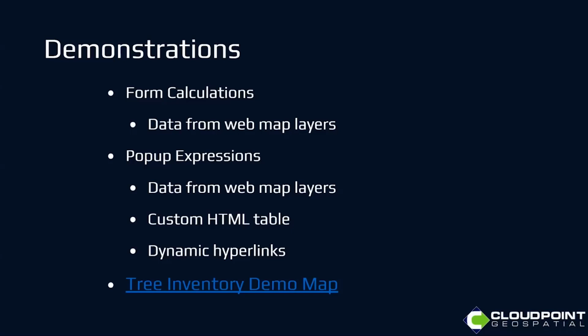You can use the form building that is inherent in there now, that you can start to use Arcade to calculate values, write constraints, and some other, visibility that can all be running off of Arcade expressions. And so we're going to look at kind of how do you get data from other map layers to calculate values, and show you just a basic of how to set visibility or a constraint on a field in your form.